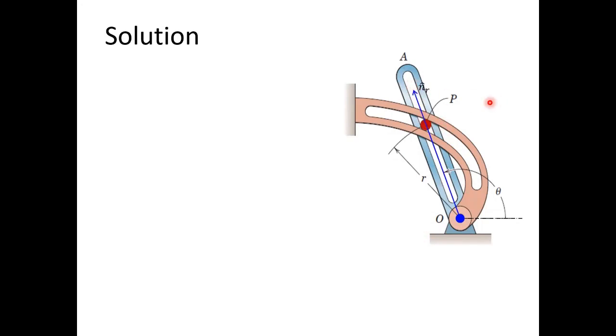And the perpendicular direction towards the counterclockwise direction is n hat theta. Those are the two mutually perpendicular unit vectors that we use in polar coordinates.